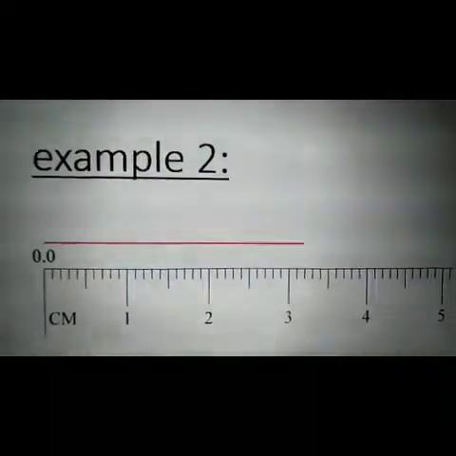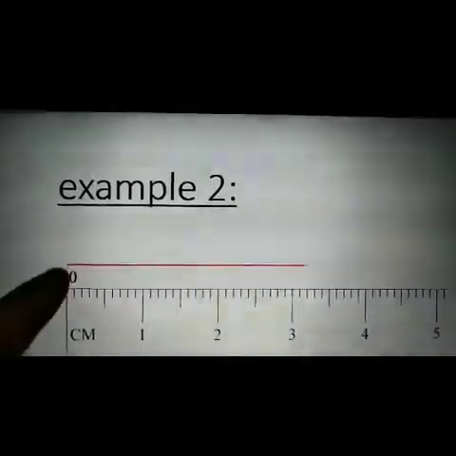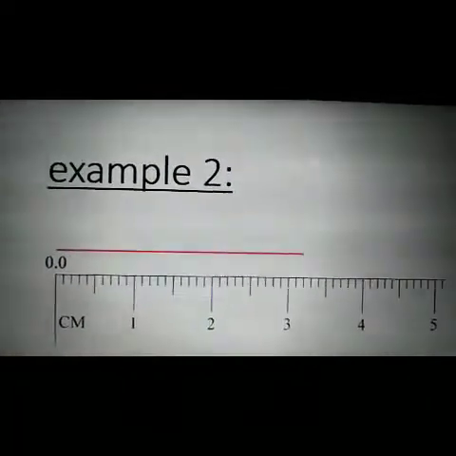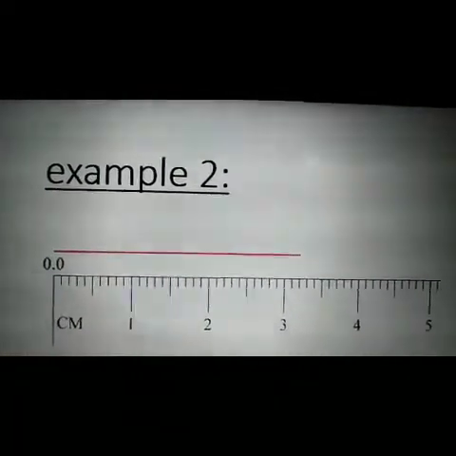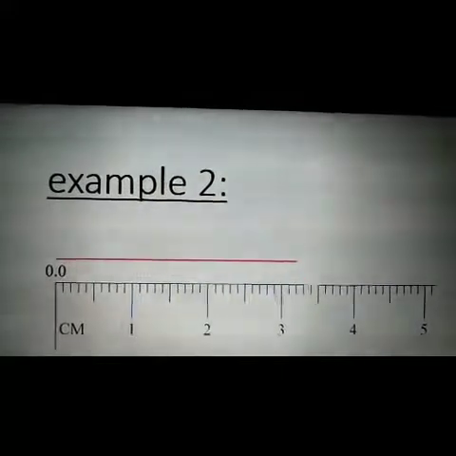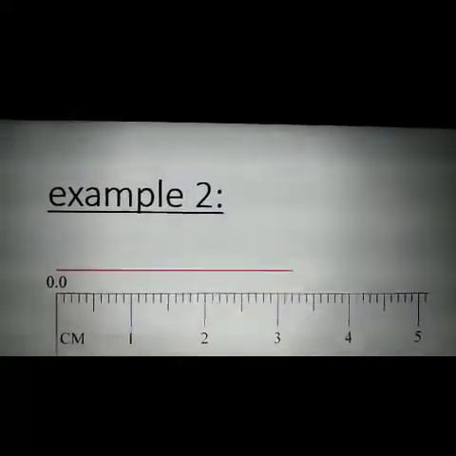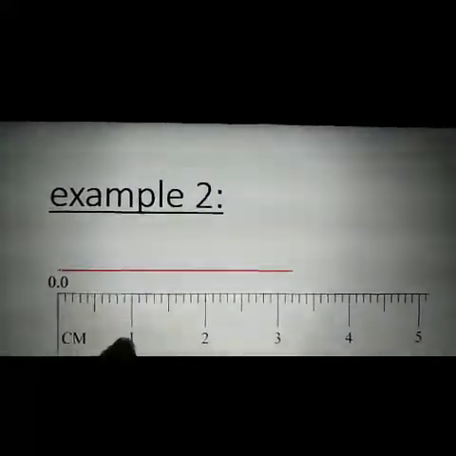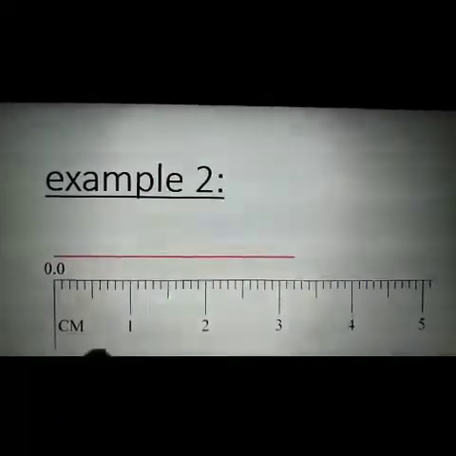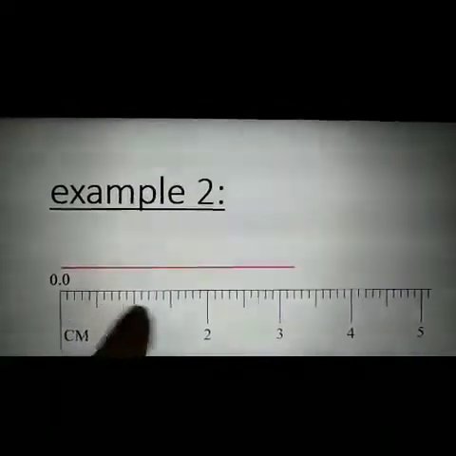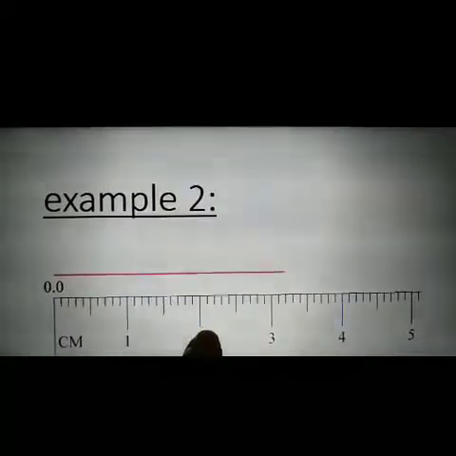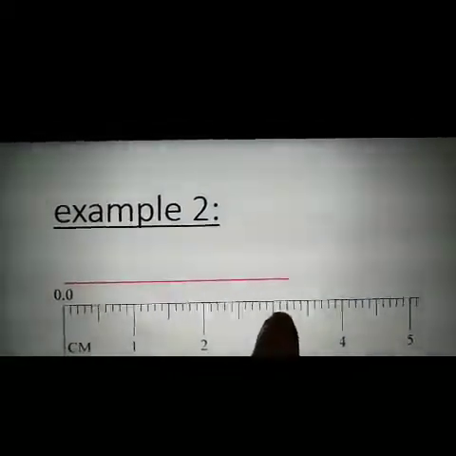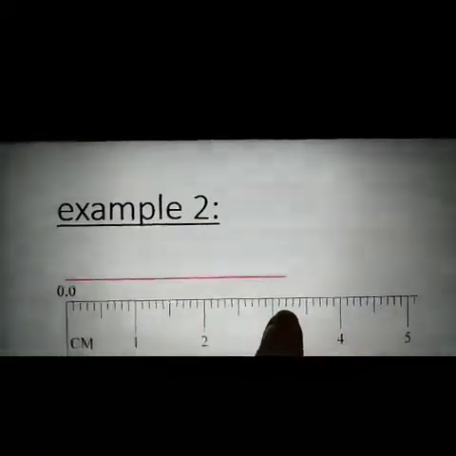In this example, you are given the length of this red line in millimeters. Count and find with me what the length of this red line is in millimeters. Again, each 1 centimeter equals 10 millimeters. So here we have 10, 20, 30, and we have 1, 2 millimeters.